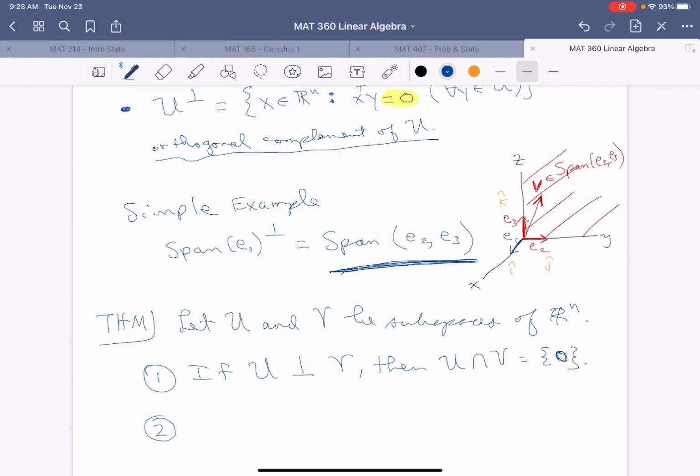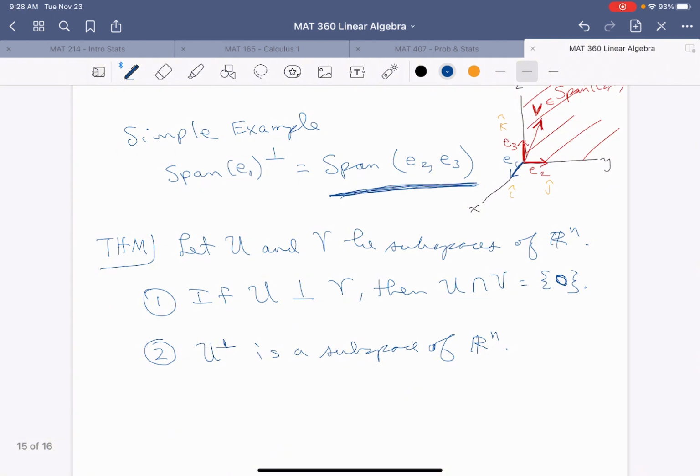And then secondly, the orthogonal complement of U is in fact a subspace of Rn. We're not going to prove both parts here. We're just going to prove the first part. For the second part, you just use the subspace test. So we're just going to do the proof of the first part.